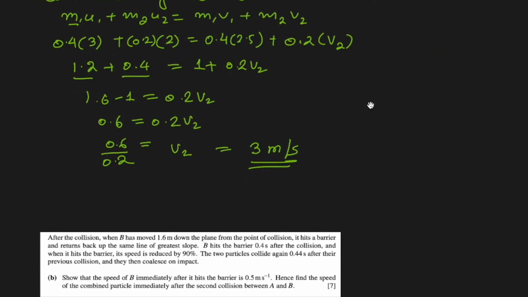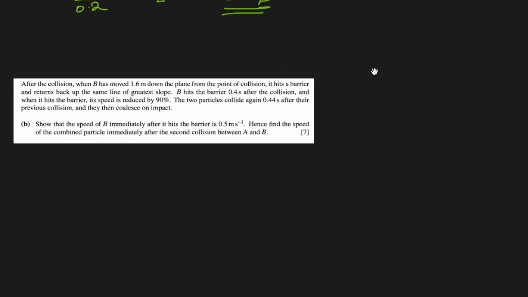Alright, what next? After the collision, they are focusing on B now. Let's say that this is B. When B has moved 1.6 meters down the plane from the point of collision, it hits a barrier. So there is a barrier here, and the distance is 1.6 meters.